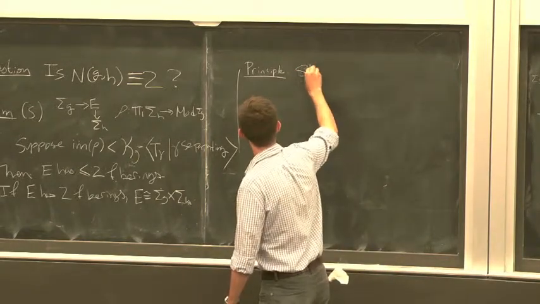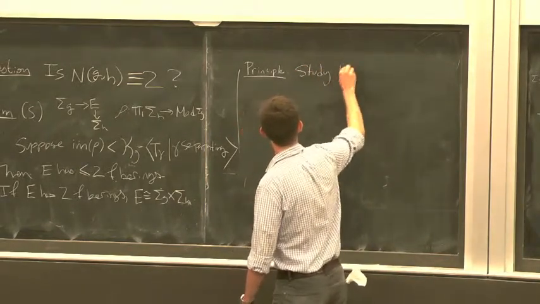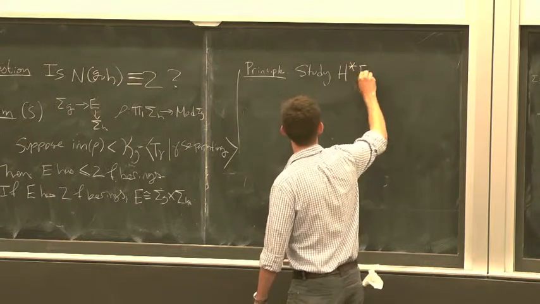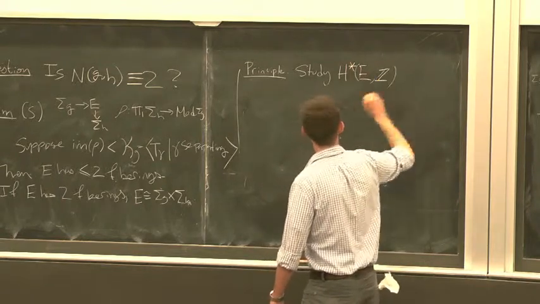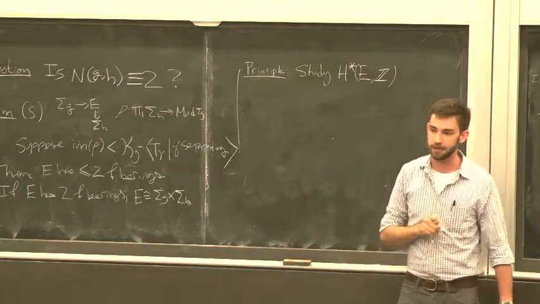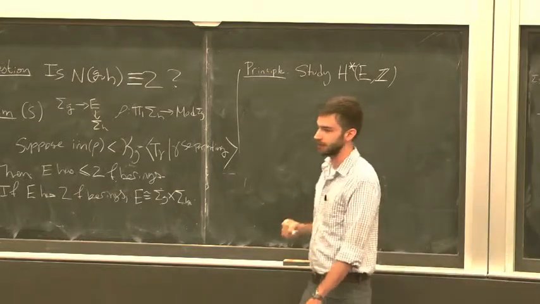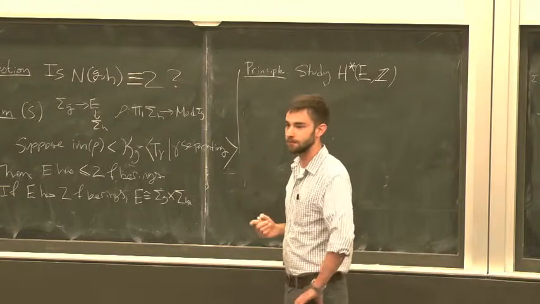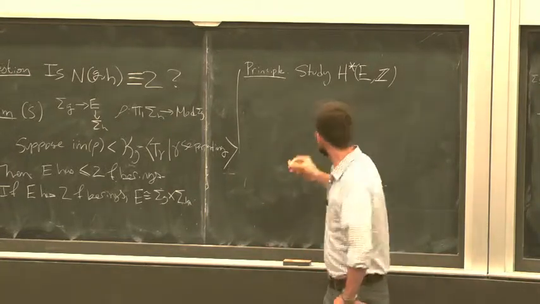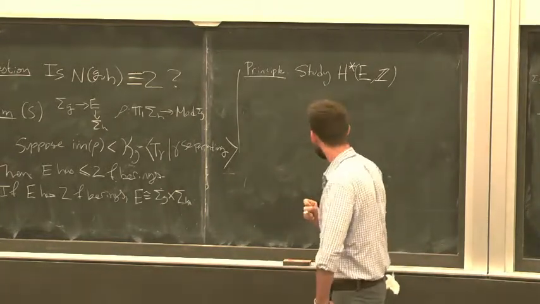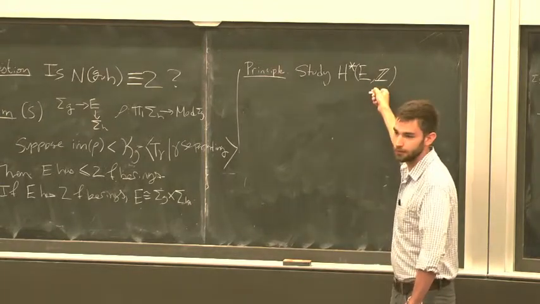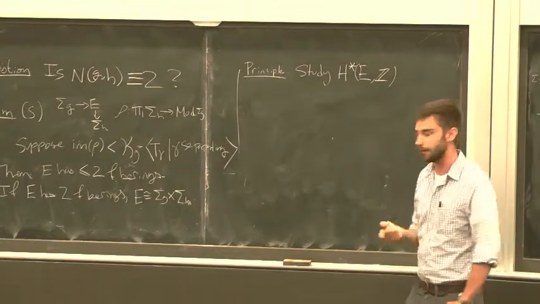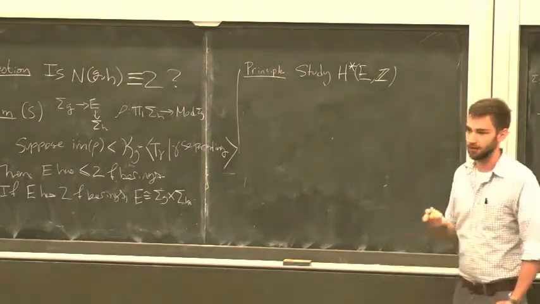So the principle is to study H star of E. You can even do this integrally. In fact, in some parts of this, you have to run simple divisibility arguments that you really need integral coefficients for. So this is great, but how do you compute something like this, or what is the principle that we're going to be using?